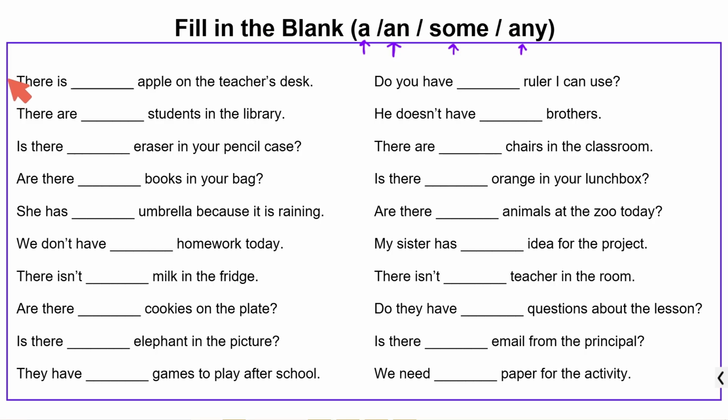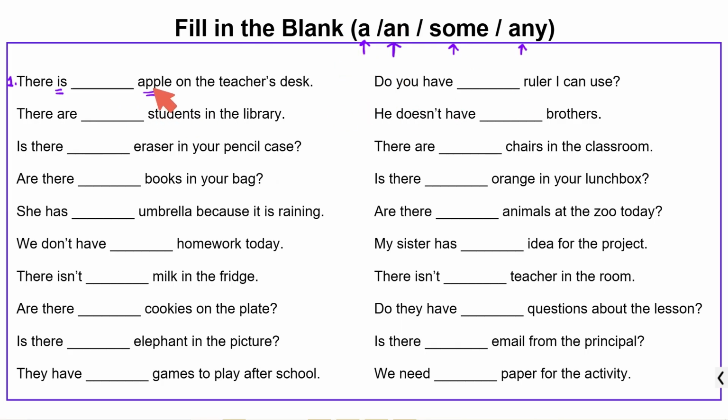So let's start with the first one. Number one. There is blank space apple on the teacher's desk. The first thing you need to find are your hints. So we have "is," referring to one thing, and we have "apple." Knowing this, we can choose our options.